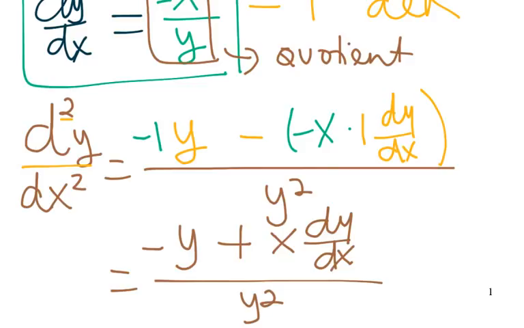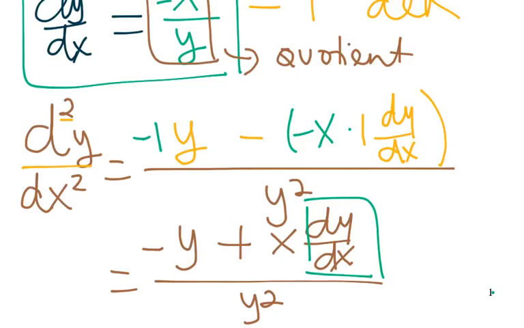The problem with this one is we're not done for one reason: the dy over dx. You cannot leave that in the answer, so we have to do one more step. Let's go to the next page.